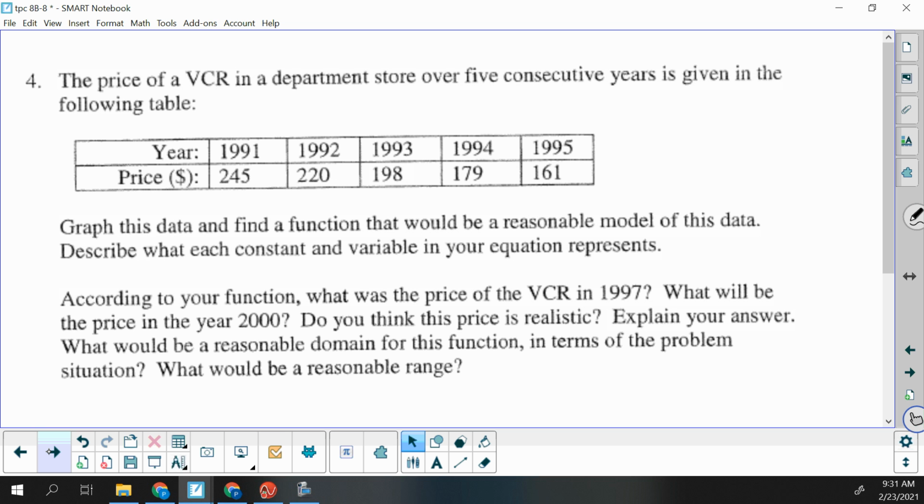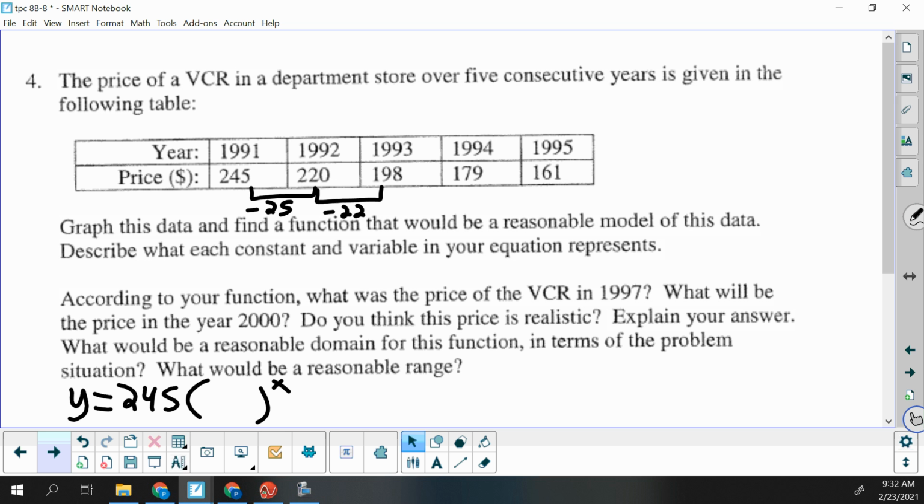So the two main things we've been looking at are linear and exponential. So let's check linear first. This one is going down by 25. This one is going down by 22. That's not the same, so that rules out linear. So that means we must be working with exponential. So we're going to have y equals 245 times something to the x.